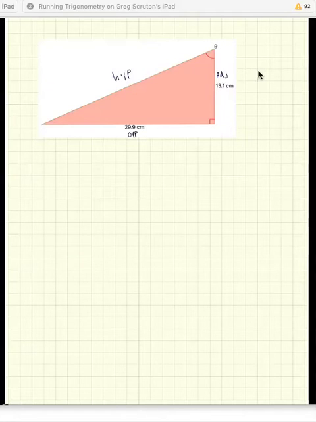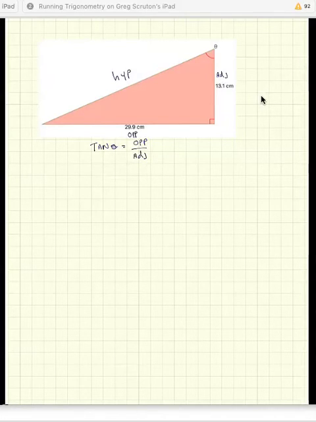So I want to find theta, and what am I given? I'm given the opposite and adjacent, and opposite and adjacent make our tangent ratio. So I'm going to use the tangent ratio. Tangent of theta is equal to the opposite side divided by our adjacent side.